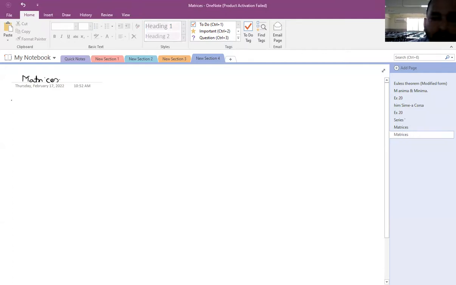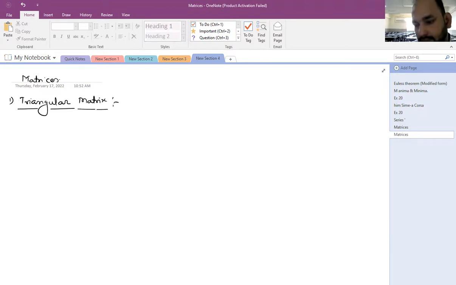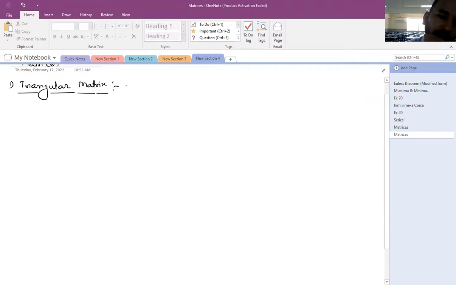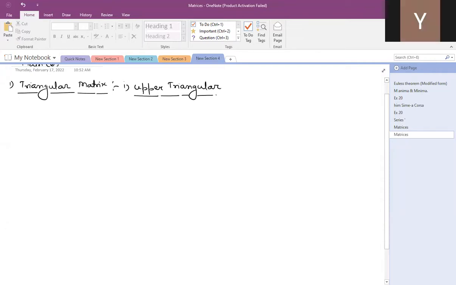Fine. Now, after square matrix, let me go to triangular matrix. In triangular, two types of triangular matrix are defined: upper and lower. Upper triangular.